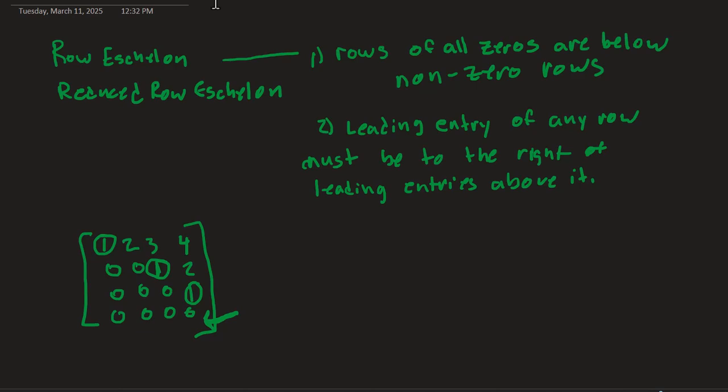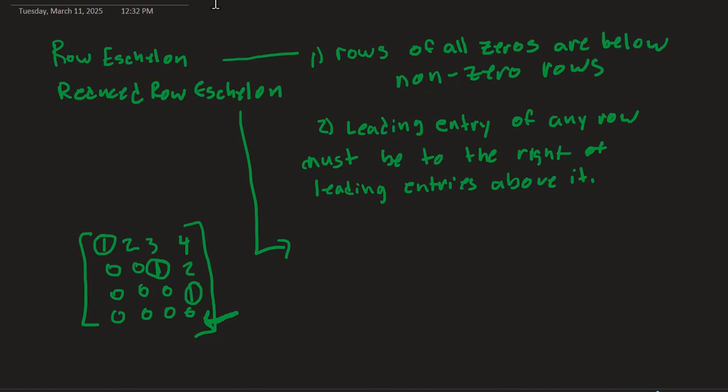Okay, so we know that to be reduced row echelon, the leading entries have to be 1s, so they are here. But in addition, for reduced row echelon, in any column that you have a leading entry, you should have zeros in all of the other rows.